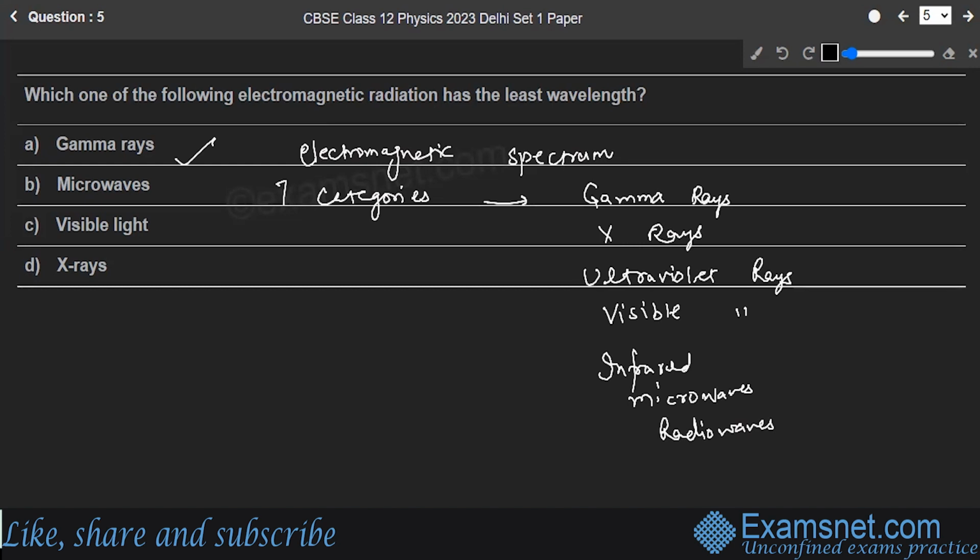Gamma rays have the highest frequency, they are most energetic, and shortest wavelength among the major forms of the electromagnetic radiation.